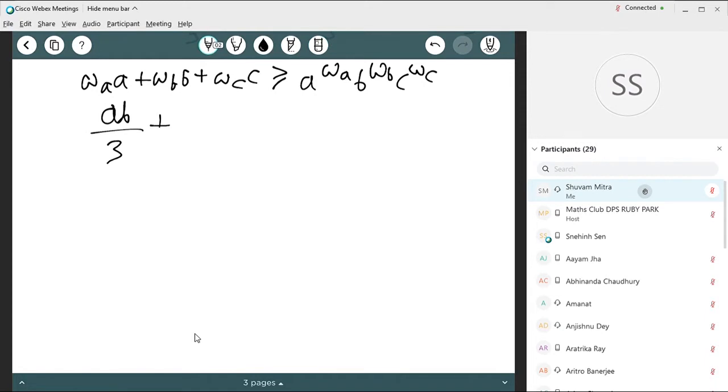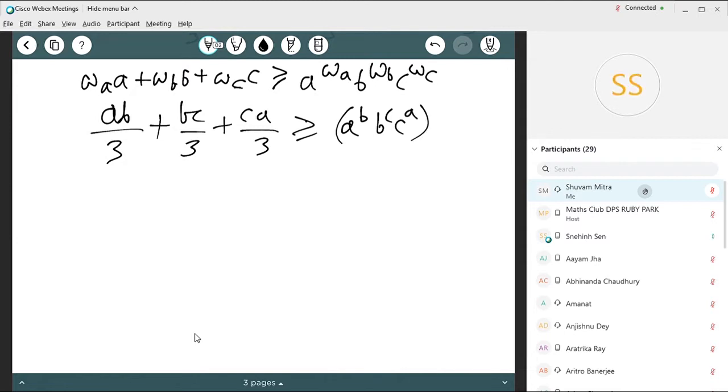And what's WB of B? BC by 3. WC of C is CA by 3. This is greater than or equal to (A to the power B, B to the power C, C to the power A) whole to the power 1 by 3. That's what we have.